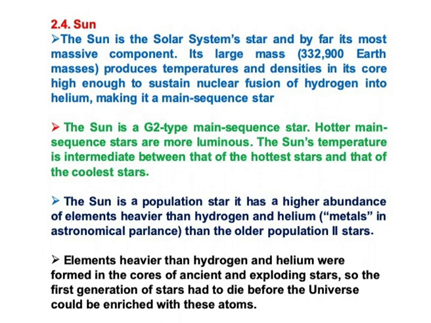Some elements' behavior we will also see. These elements, other than hydrogen and helium, were formed in the course of ancient exploding stars. So the first generation of stars had to die before the universe could be enriched with these atoms. It is full of atoms.